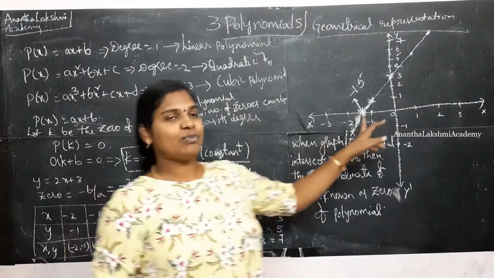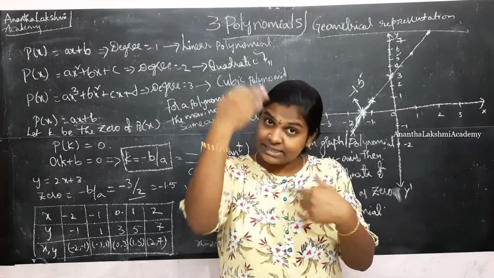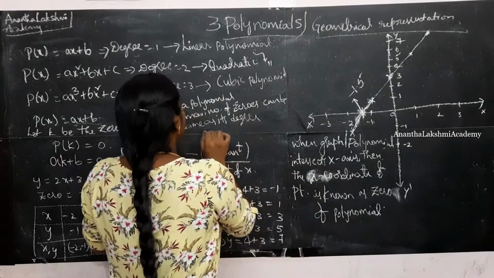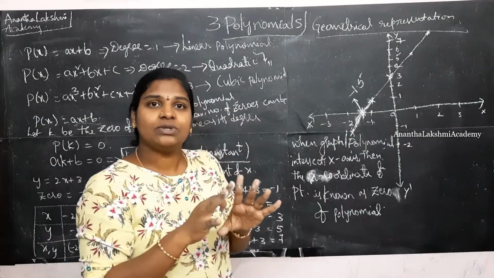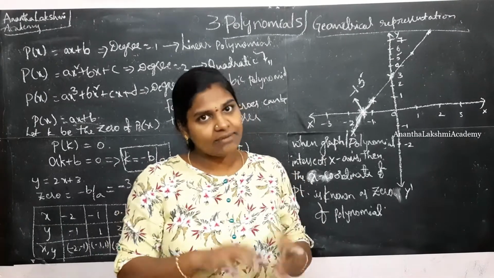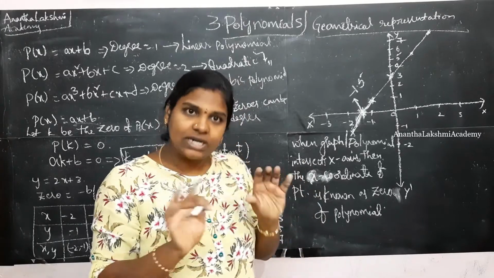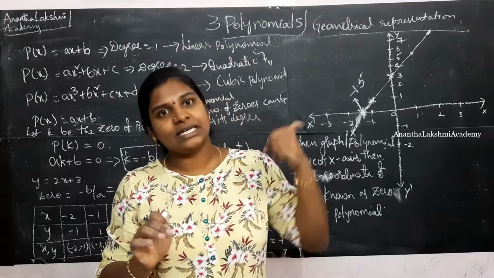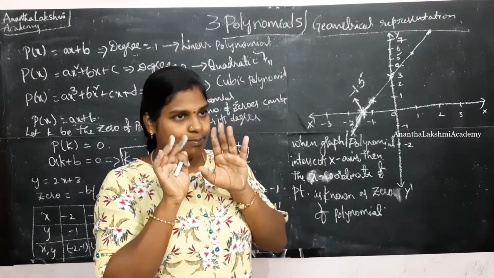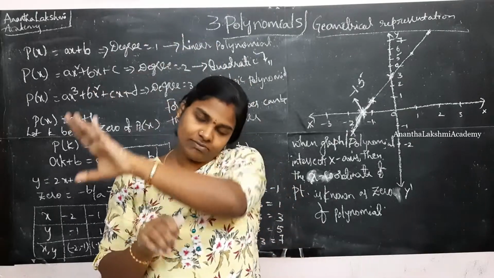Since this is a linear polynomial, we just have 1 zero. If it is a quadratic polynomial, the maximum number of zeros is 2. And the minimum number of zeros is, it can have no zeros. The expression may or may not have zeros. If at all it has zeros, the maximum number is equal to the degree of the polynomial.